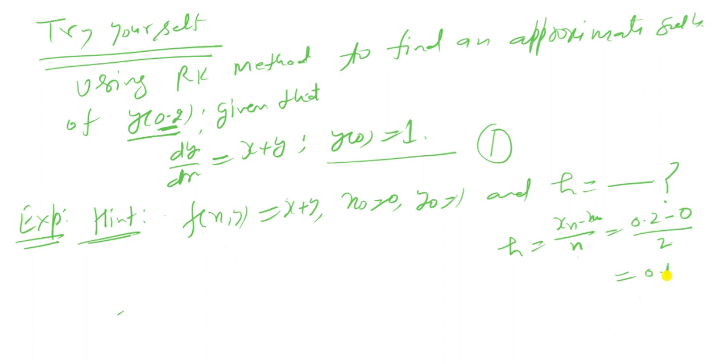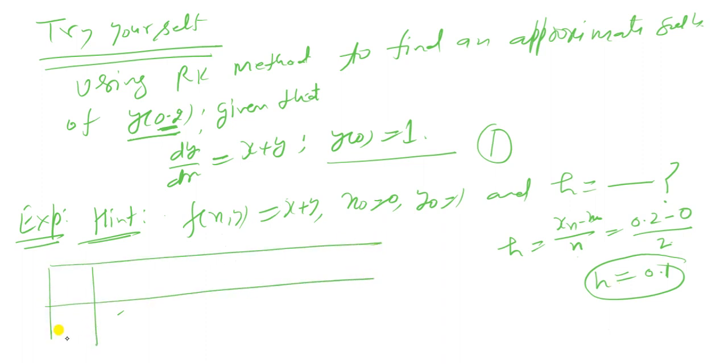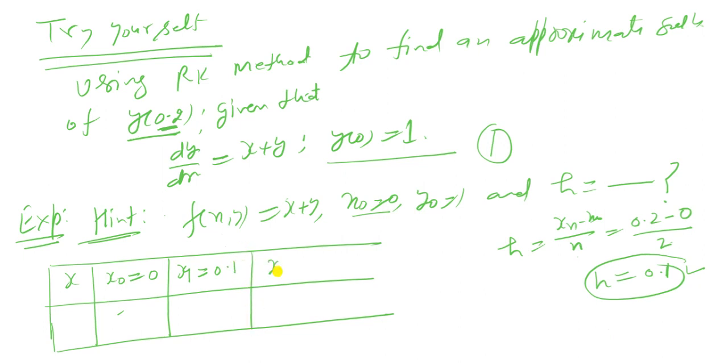In that case we apply two steps of the Runge-Kutta method to obtain the value of y at x = 0.2. So in the second case, when we take h = 0.1, we generate a table. Initially x0 is 0, then x1 is x0 plus h, which is 0.1, then x2 is x0 plus 2h, which is 0.2.